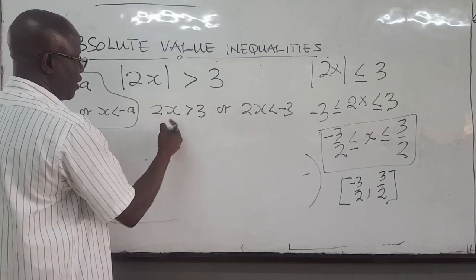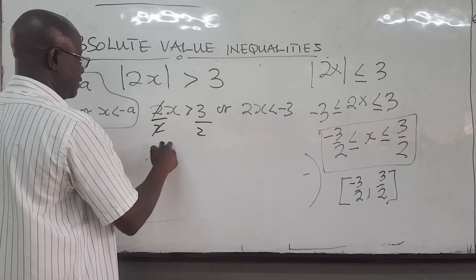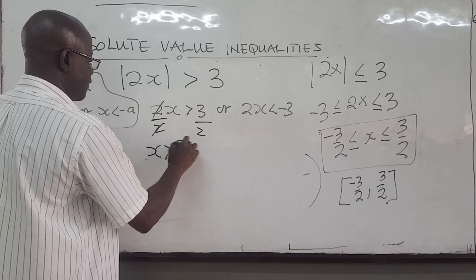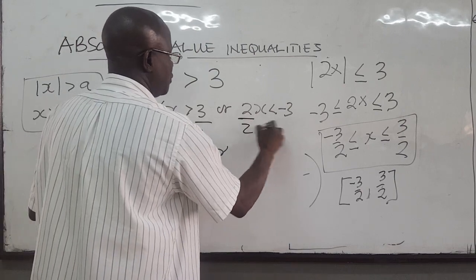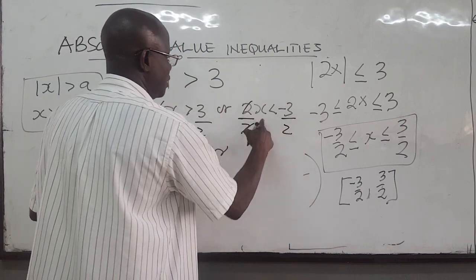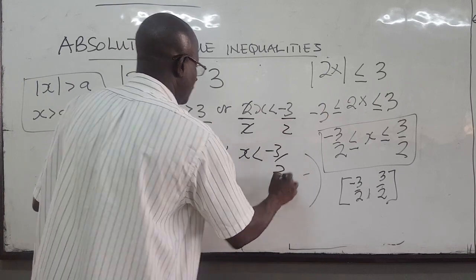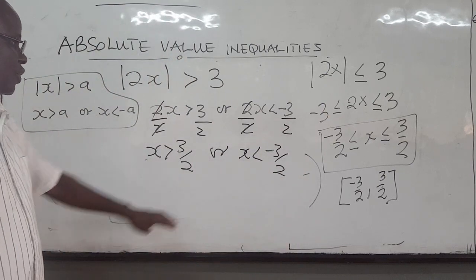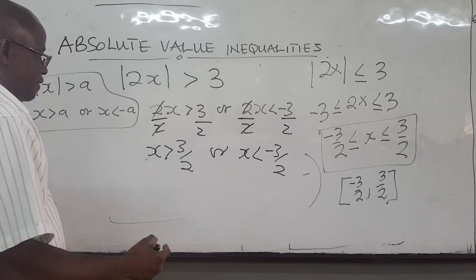Solving this, divide 2 by 2, this cancels. It means x is greater than 3 over 2, or divide 2 by 2, x is less than negative 3 over 2. Okay, so that is your solution set. And this is how you can write it.